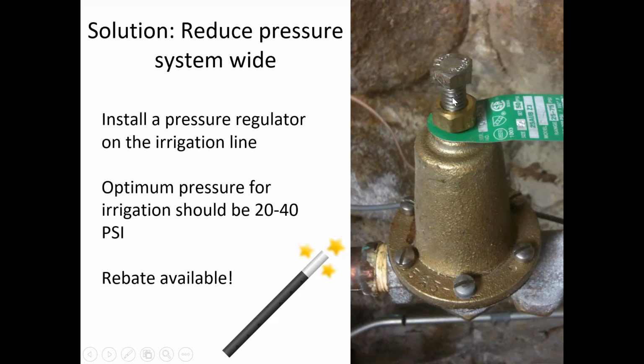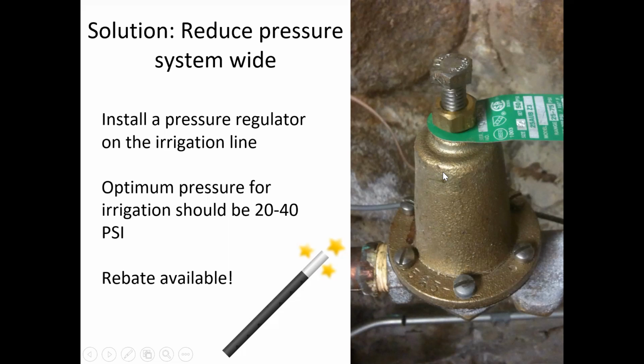Again, we had some questions about pressure in the Q&A box, but you're really going to want to use a pressure gauge when your irrigation system is operating to understand what your pressure is in your irrigation line. And then, let's say you end up installing one of these pressure regulators, or you have one.